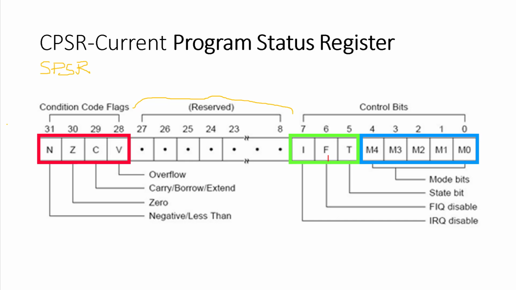Actually, when the modes of operation change, then the SPSR will come into the picture. We'll see that when we look at the modes of operation. As of now, we have understood there are two program status registers.